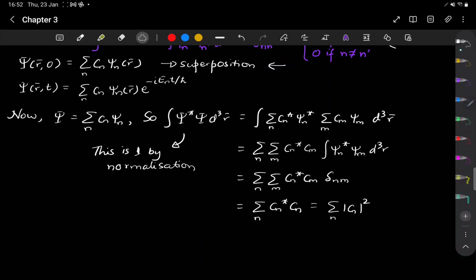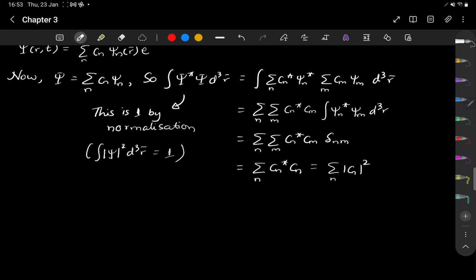We know that for any wave function, the integral of mod psi squared d cube r over the entire volume is equal to 1. This is for any wave function for any physical system.